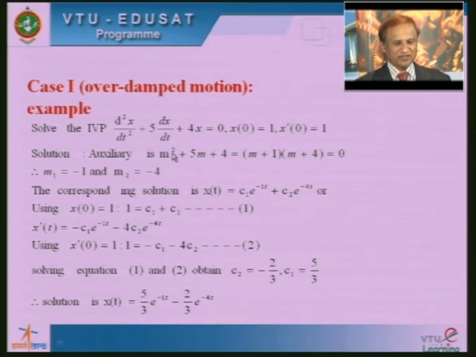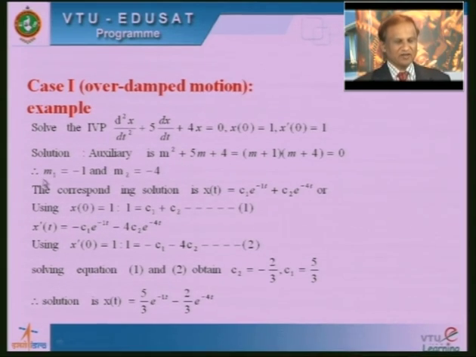So what can we obtain? We can obtain m square plus 5m plus 4 is equal to 0, or this algebraic equation can be written in terms of factors, namely (m plus 1) into (m plus 4) is equal to 0. Therefore m1 is equal to minus 1, m2 is equal to minus 4.